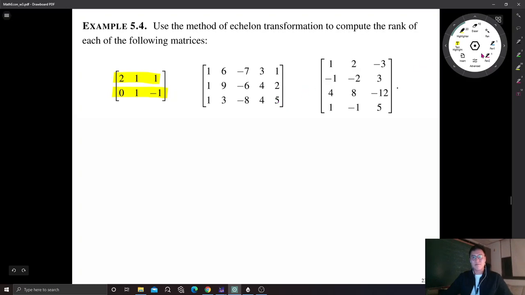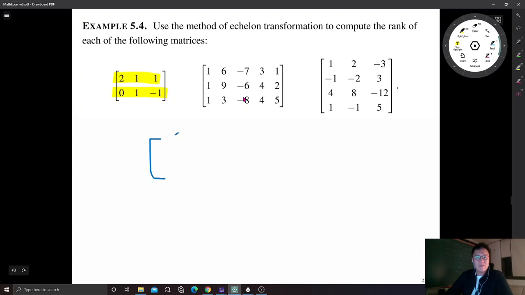All right? And then think about the second matrix. I first need a 0 entry in the second row, and the way to eliminate this is we just subtract the first from the second.